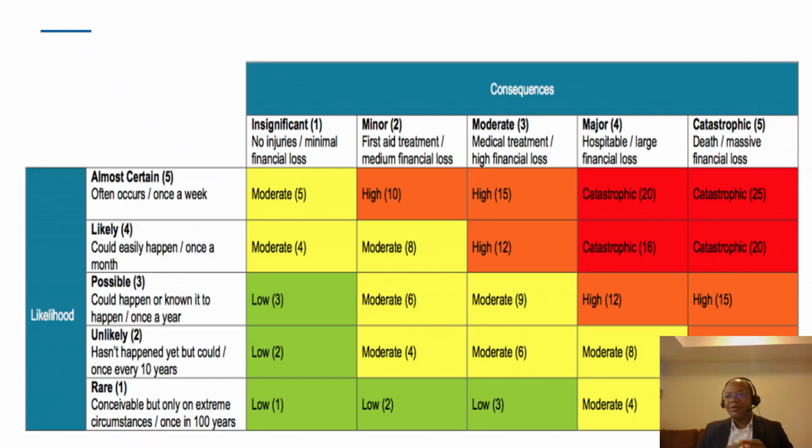This chart visualizes how you can calculate your risk based on the definition. As you can see, on the vertical axis, we have the likelihood or probability. And on the horizontal axis, we have the consequences or impact.